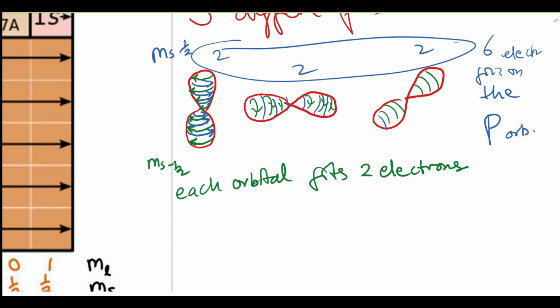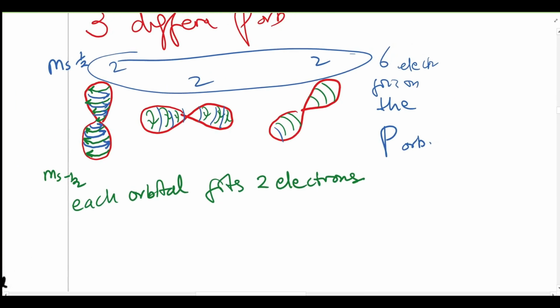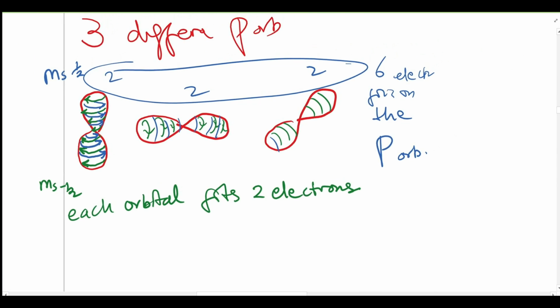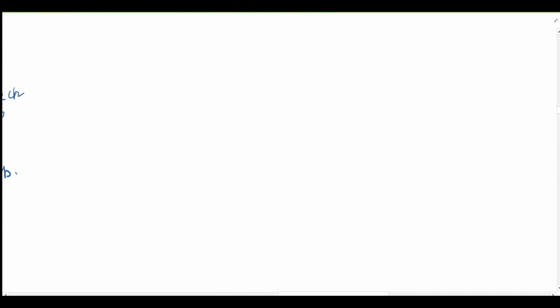Before we go on to the next portion, I want to revisit some of the calculation because it's kind of important. I want to revisit the calculation for the energy, specifically for a one electron atom.